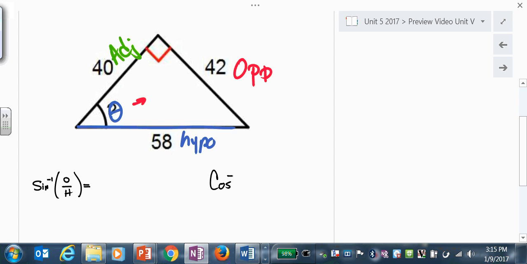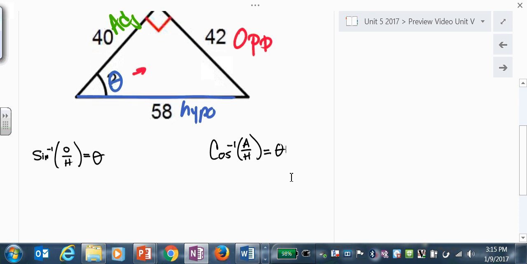Inverse cosine, adjacent over hypo, gives you theta, and then inverse tangent, opposite over adjacent gives you theta.